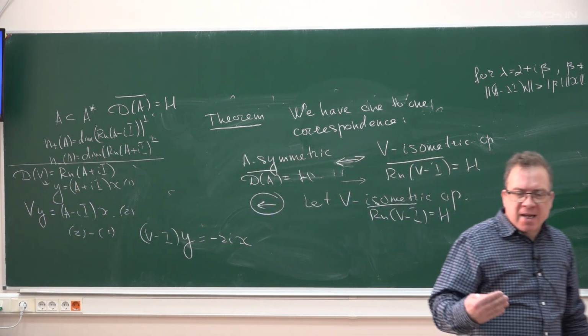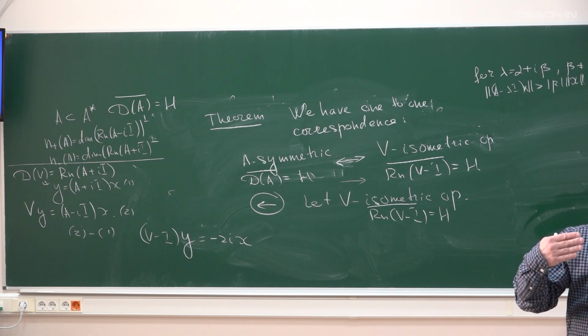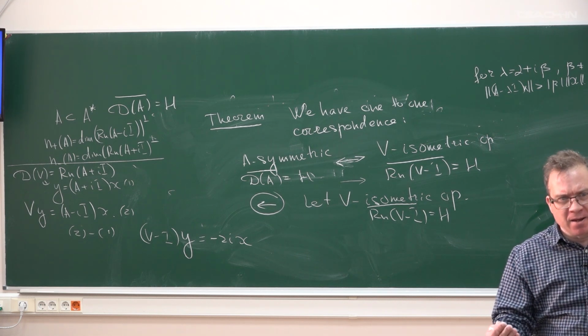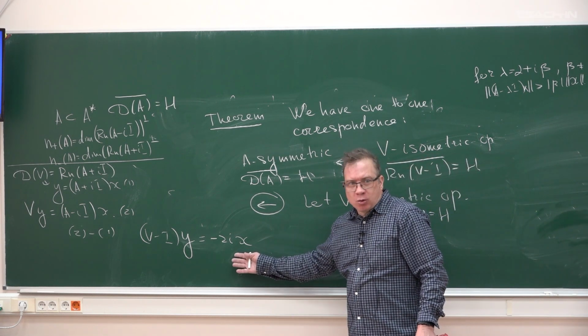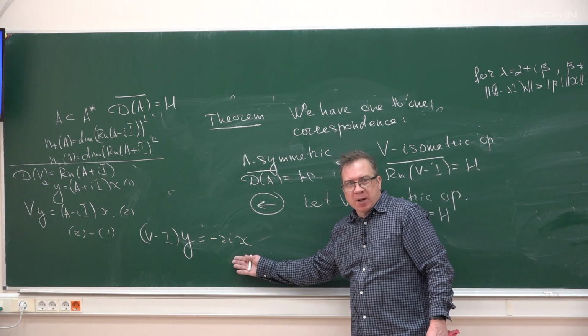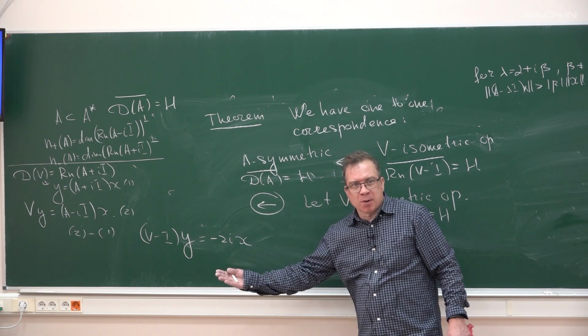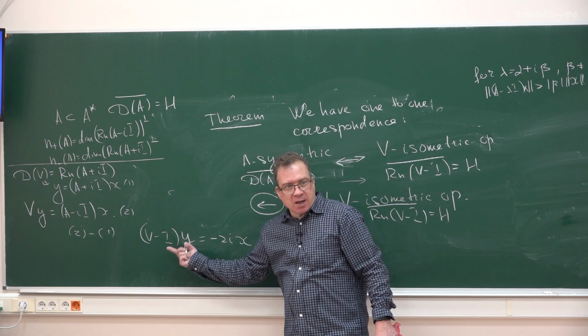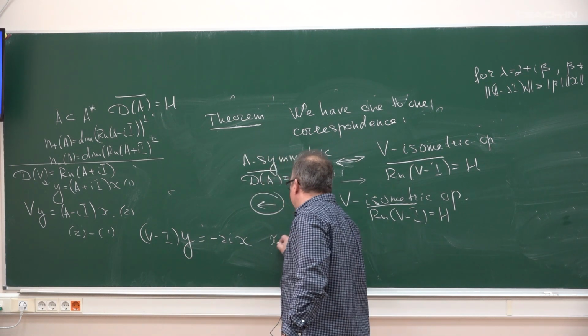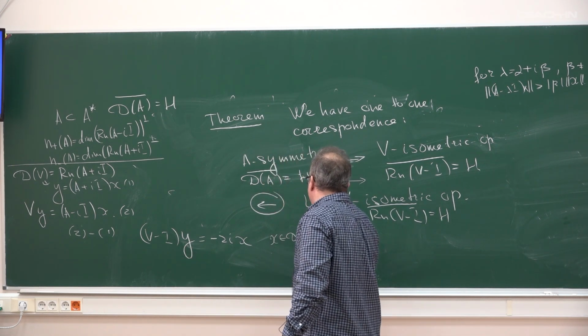So we obtain x lies in the domain of operator A. By this equality, you can conclude that the domain of operator A coincides with what subspace? With the range of operator V minus identity. So x must lie here.